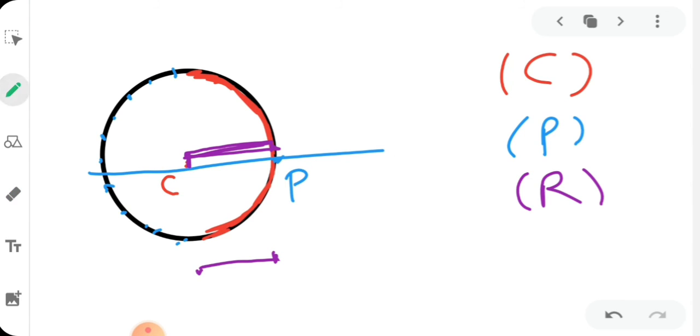So this is our radius of curvature R. Then moving to the next thing, what is the principal axis?